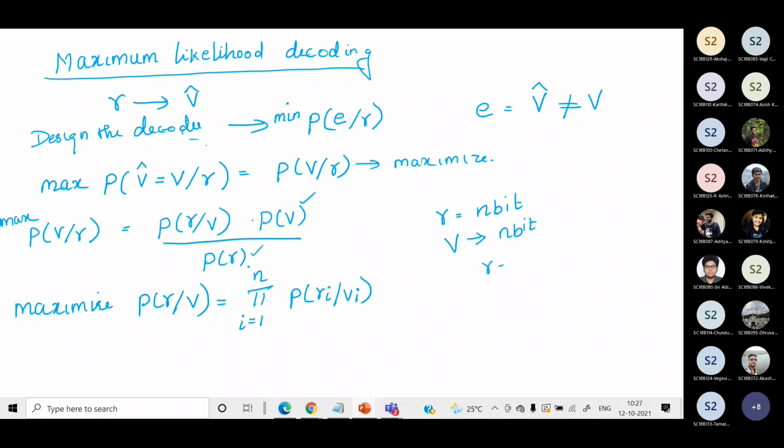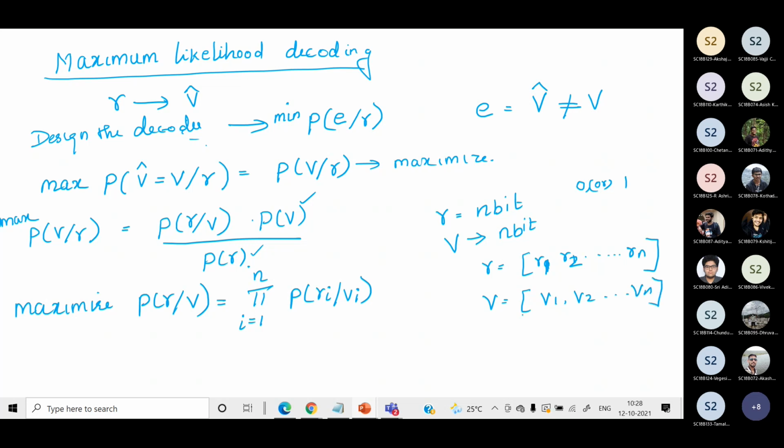R consists of R1, R2 up to Rn, which take the value either 0 or 1. V is your transmitted code word, V1, V2 up to Vn, N bits.